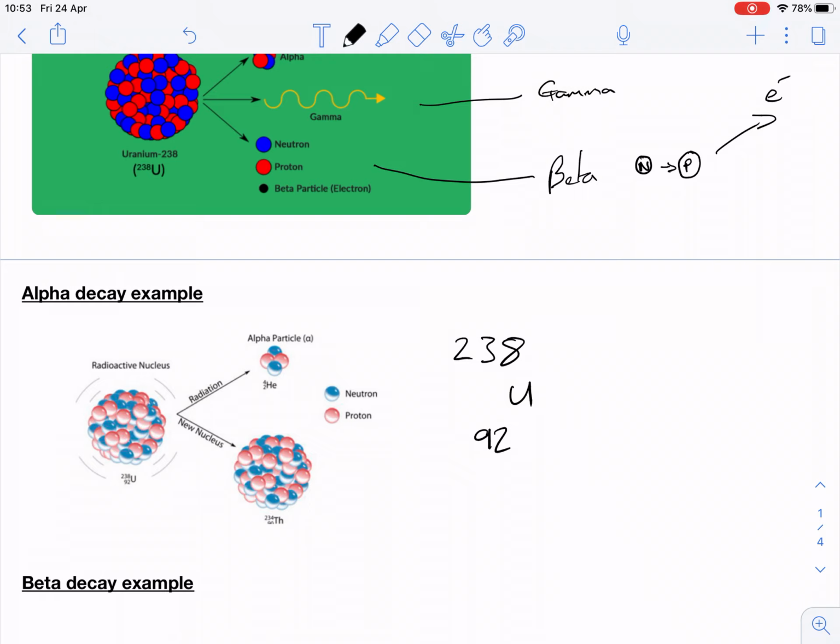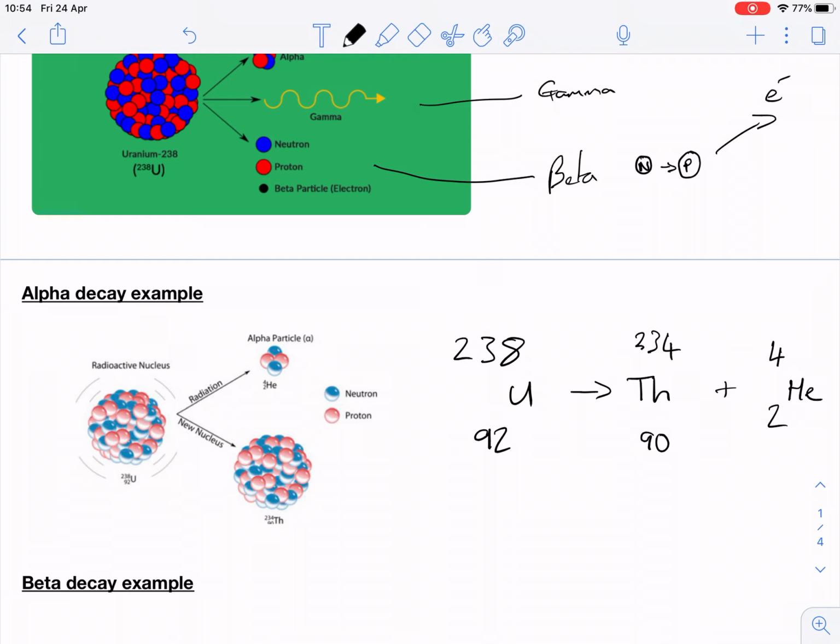That changes the element from uranium to thorium. We end up with 234 as our mass number and 90 as our atomic number. What's left over is the 4 and 2 that has come out: a helium nucleus has been removed.